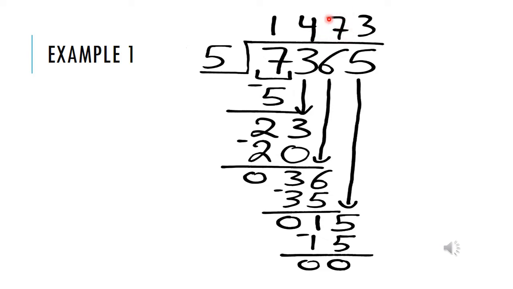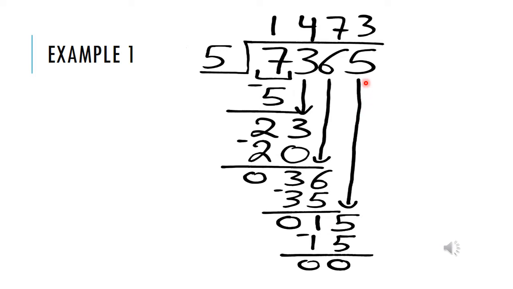So I have to choose the 5 times 7. I write the 7 in the quotient. Now I multiply it, I'll get 35. I write the 35 under the 36. Now I have to subtract 35 from 36. So 36 minus 35 equals 1.